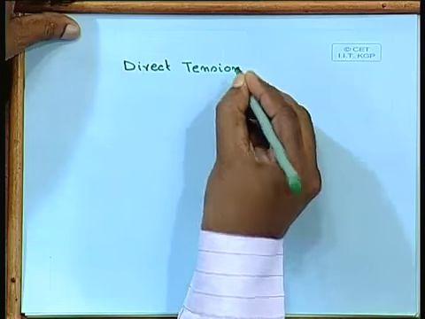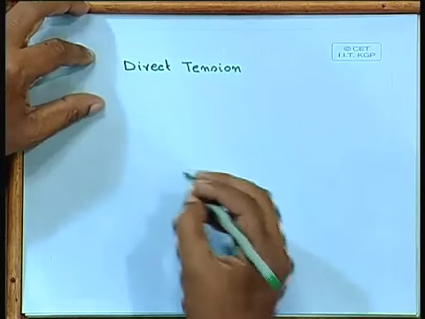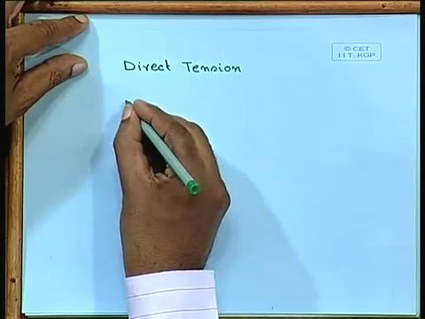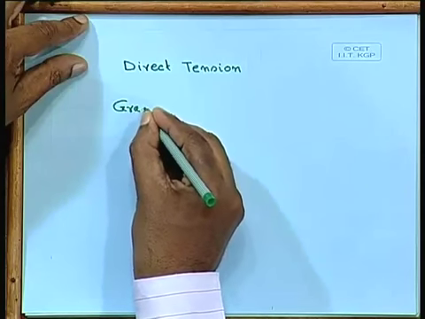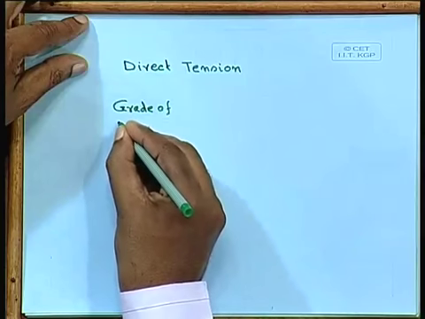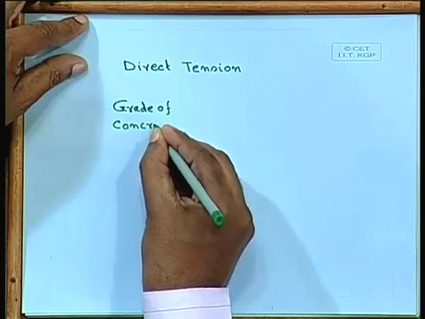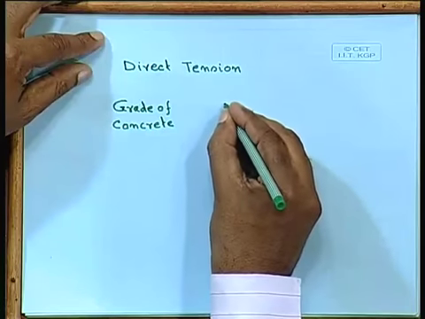I could write it in PowerPoint, but I find that difficult, so let us write on paper so that you can also copy. These are the limits we should know: grade of concrete and tensile stress.